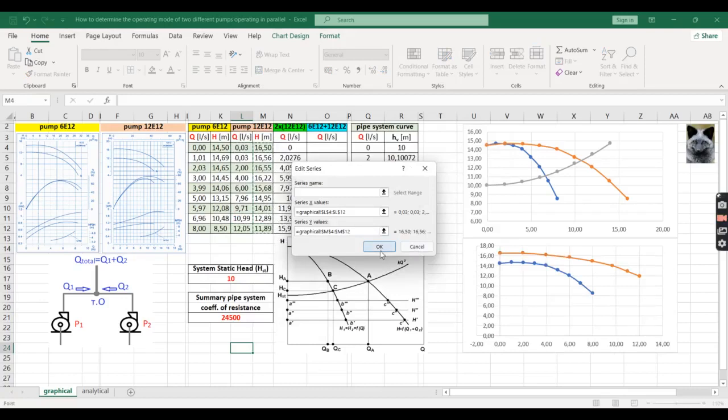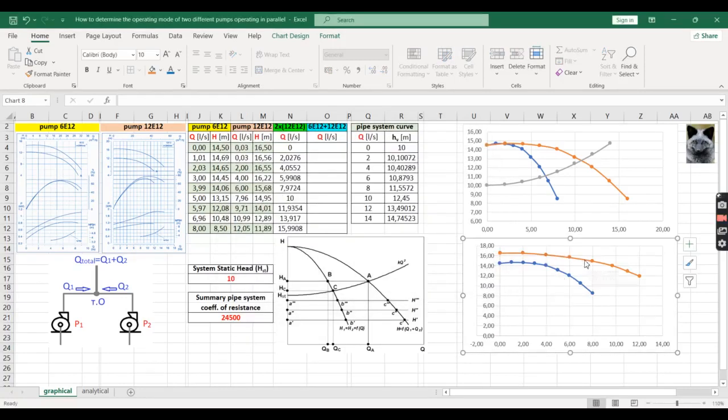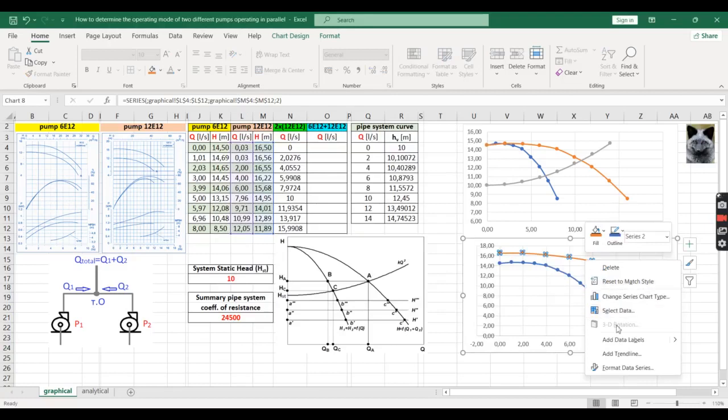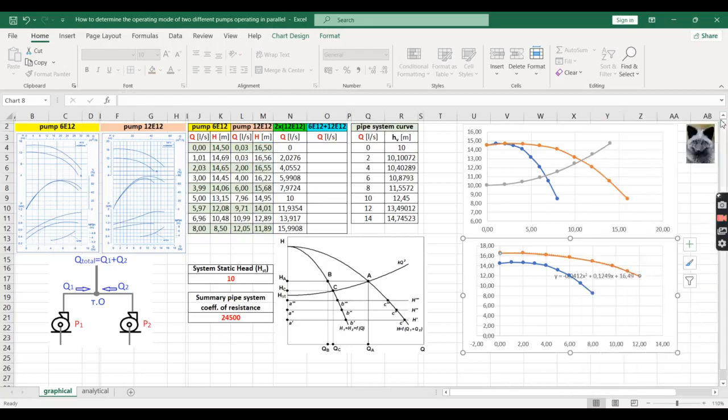And here it is. Now it's necessary to display the equations describing these two curves. You already know that we use a second degree polynomial. So let's highlight the equations with the relevant colors.